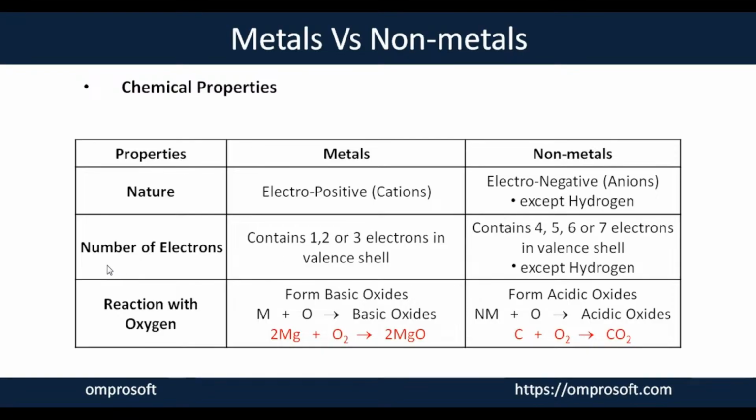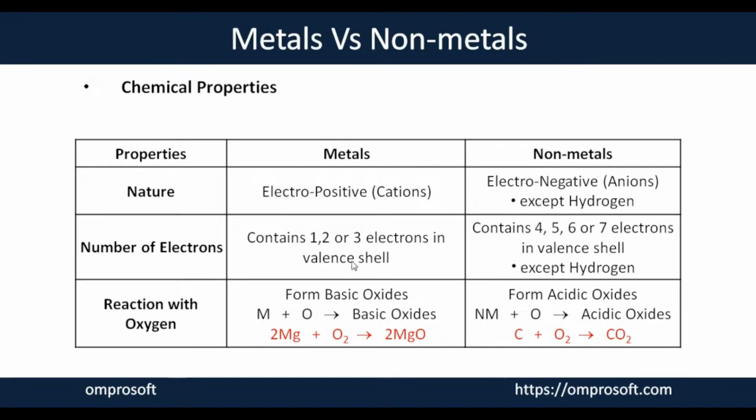The next property is the number of electrons present in the outermost shell, which is also called the valence shell. Some metals have one electron, some two, some three electrons in their valence shell. As we discussed in the first property, metals are electropositive in nature, so they always give electrons to other elements.